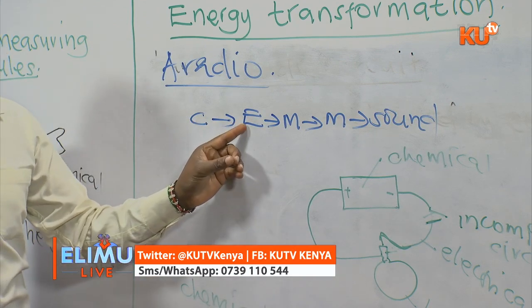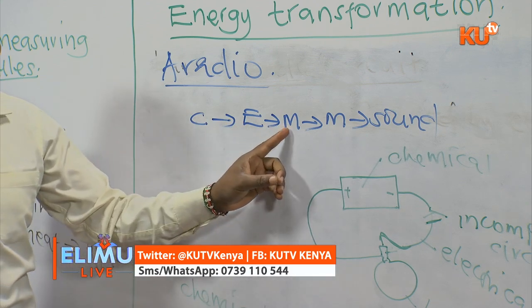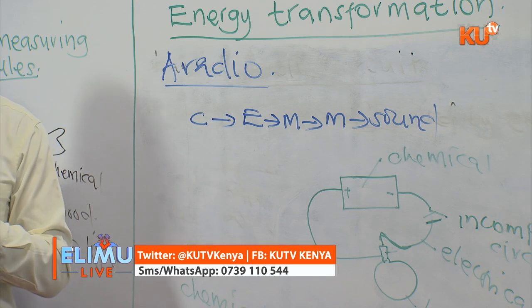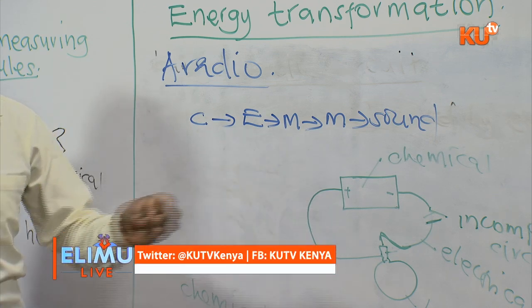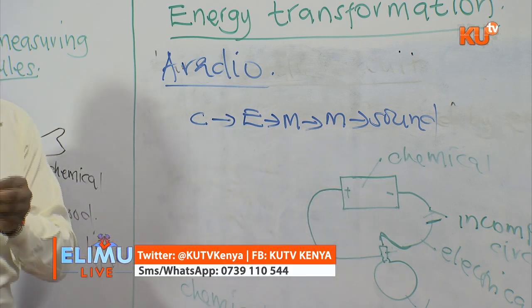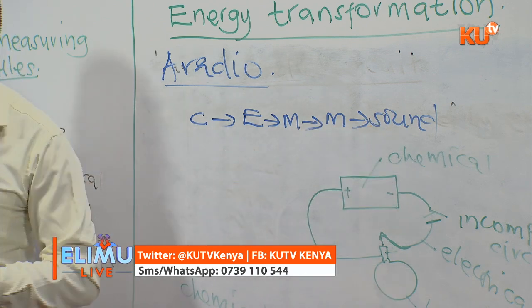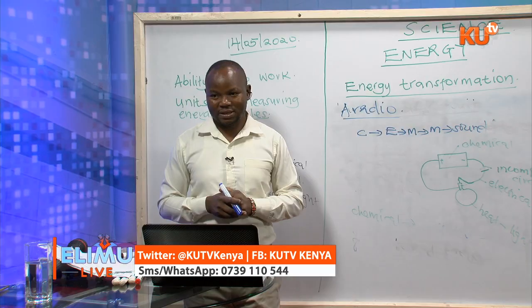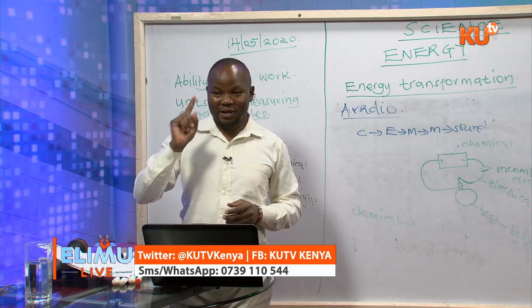We have electrical energy, the energy that is in wire. This one is called magnetic energy. That is the energy in a magnet. Then we have mechanical energy, because there is that movement of the speaker. Then we have the sound energy, which you can listen to very good music. So that is the energy transformation in a radio.